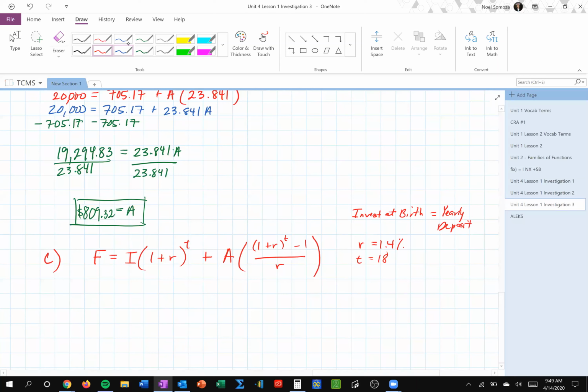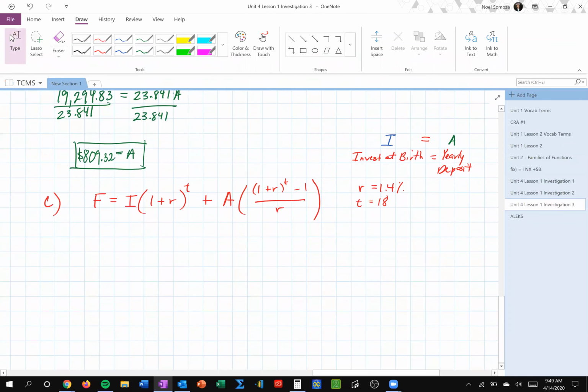Okay, so then if the investment at birth is equal to I and the yearly deposit is equal to A, well, then basically what we're saying is that I has to equal A. Okay, now what does that mean for us in terms of this formula? Then that means we get to decide here.